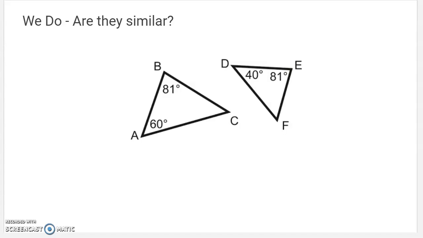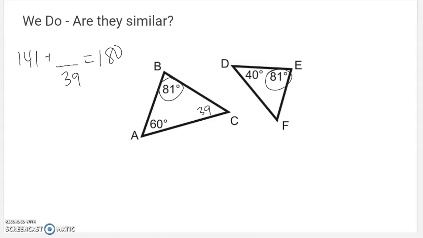Are these two triangles similar? You'll notice a good start. They both have an 81-degree angle. But when we find the other one, I think we'll find that they're not. So let's check here. 80 and 60 is 140, so 141 plus the other angle is 180. So that's going to be a 39-degree angle.